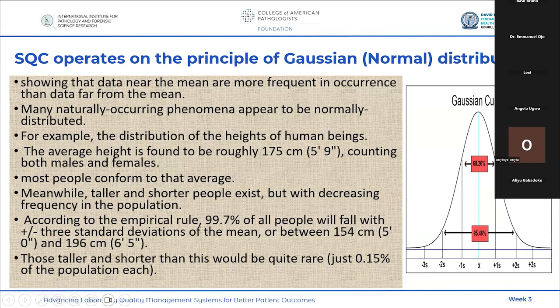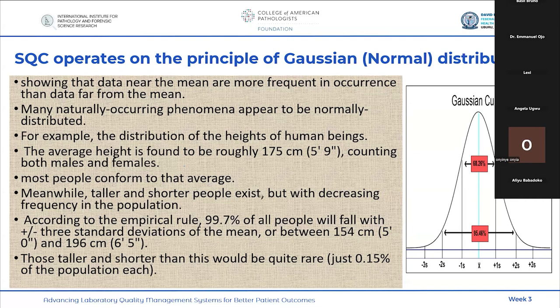And what this translates to in the lab is that if you run your quality control 100 times, representing percentage, 95.5% of the time, your quality control results must fall within plus or minus 2 SD, based on that natural phenomenon, based on that principle of Gaussian distribution.